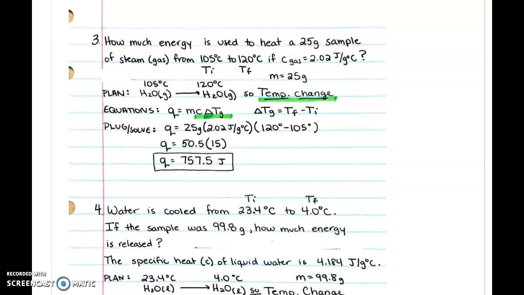Plug it in, 25 grams times 2.02 joules per gram degree Celsius times 120 minus 105. I've got to do that math. So that comes out to 15 times 50.5, and I get 757.5 joules. All right.